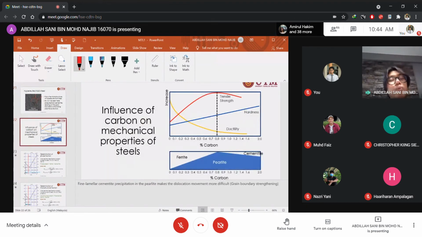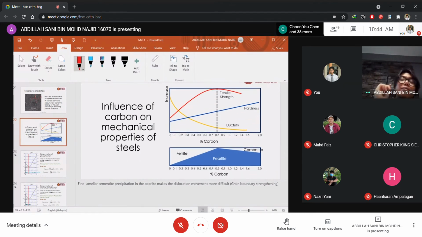Okay. So when we talk about the structure, we want to relate it to the strength or the mechanical properties. You see that when we have 100% perlite, the strength is at its highest. This is because of this alternating microstructure. You can think of it like the hindrance we discussed about the grain boundary.